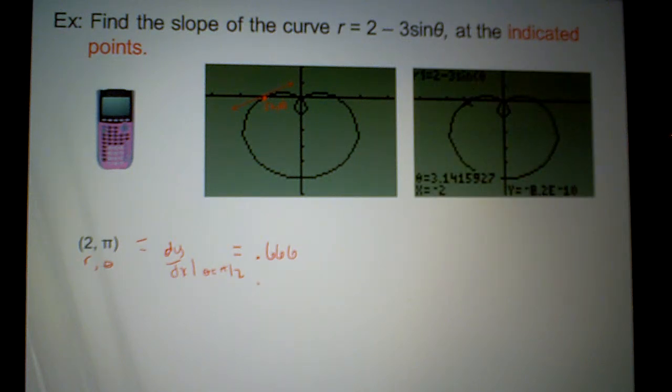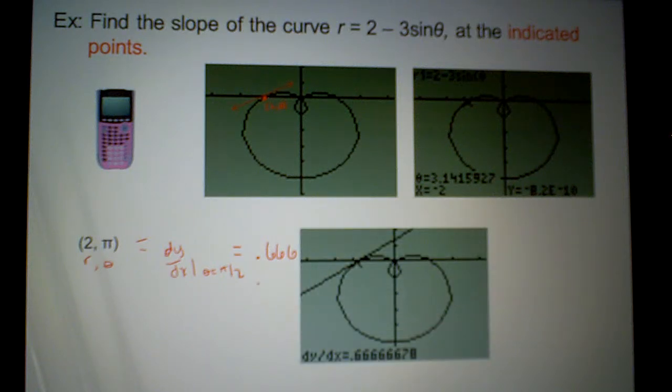There's a screenshot. I can actually ask the calculator also to draw the tangent there.